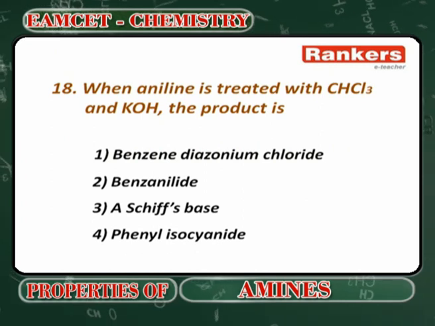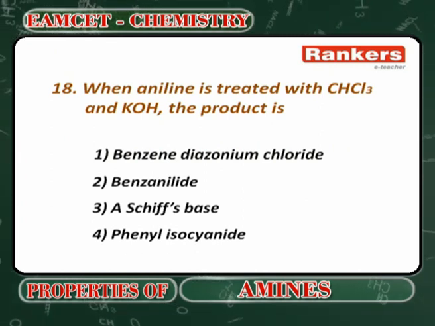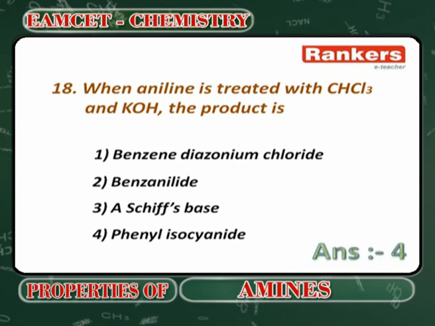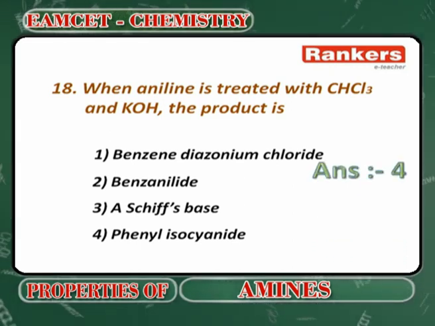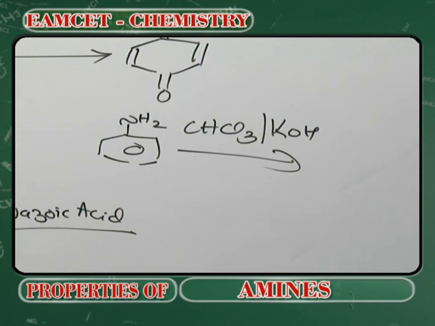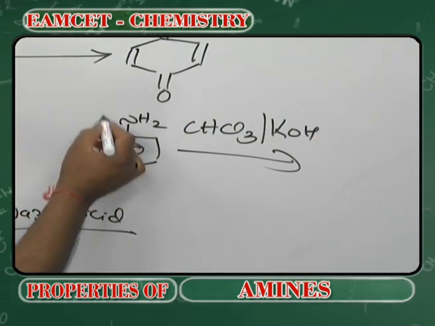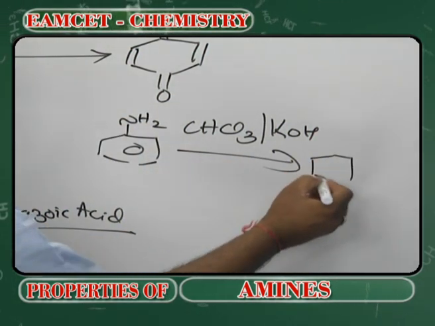When aniline is treated with chloroform and KOH, this we have covered in the chloroform chapter. The reaction on phenol is known as the Reimer-Tiemann reaction. On aniline, this NH2 group is converted into NC.